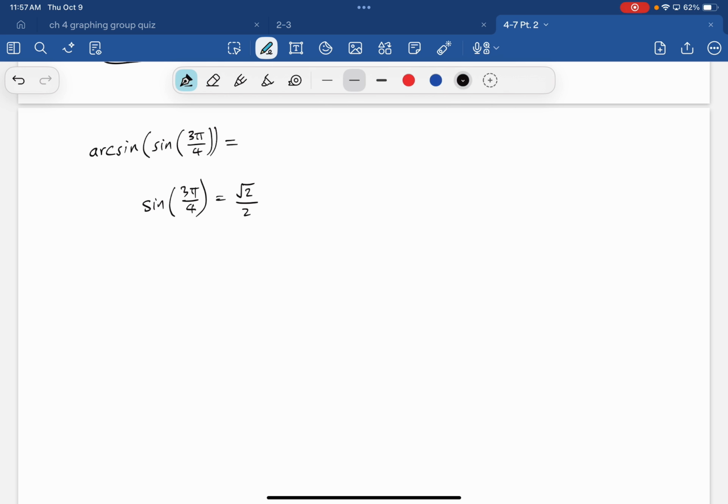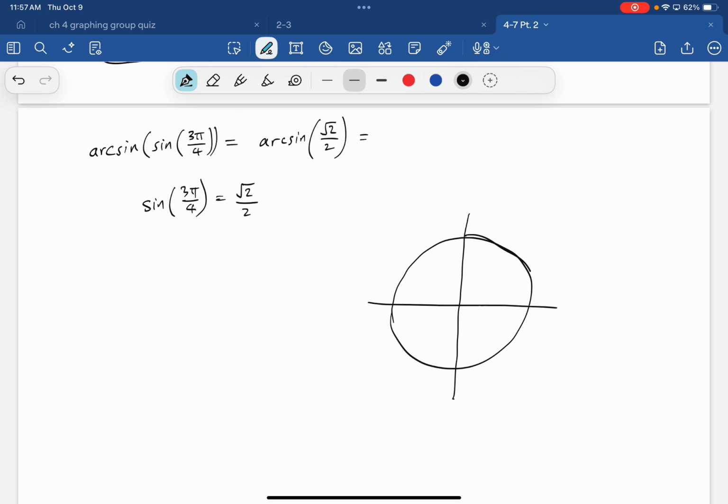All right. Okay, so then what would arc sine of root 2 over 2 be? Anybody? Okay, we're looking for a point on the unit circle within this range that has a y-coordinate of root 2 over 2.